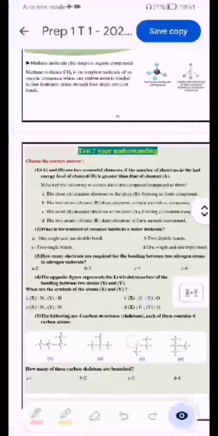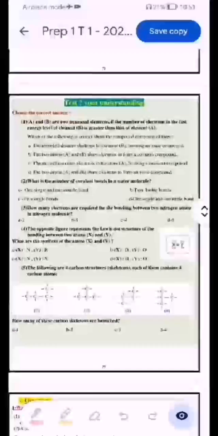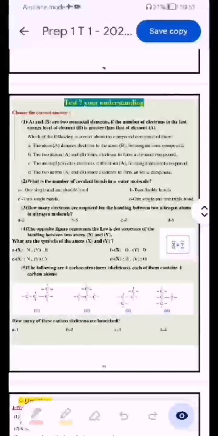now we will solve these questions. Choose the correct answer. A and B are two non-metal elements, so a covalent bond arises between them. If the number of electrons in the last energy level of B is greater than the number of electrons in element A, which of the following is correct about the compound composed of them?